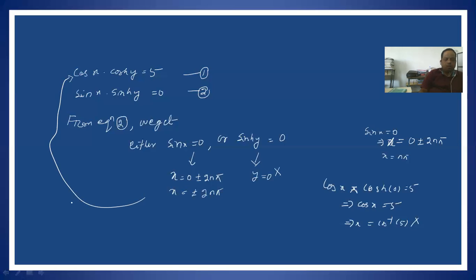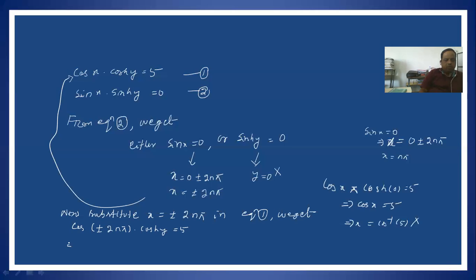Now substitute x equal to plus minus 2n pi in equation 1. We get cos of plus minus 2n pi into cos hyperbolic y equal to 5.